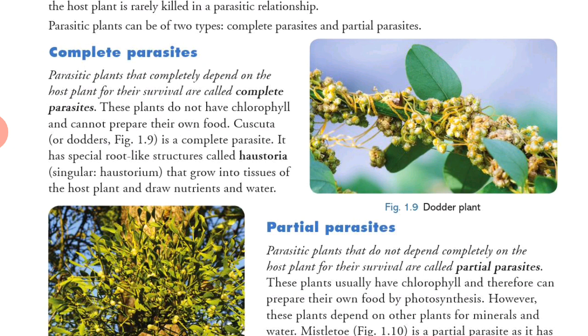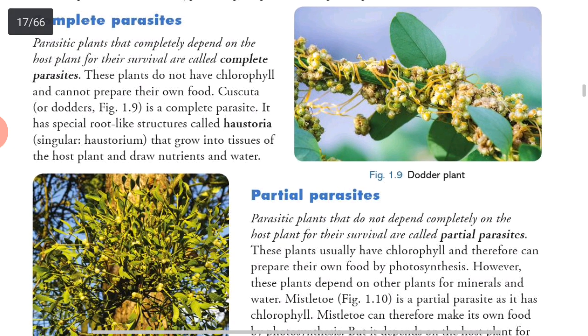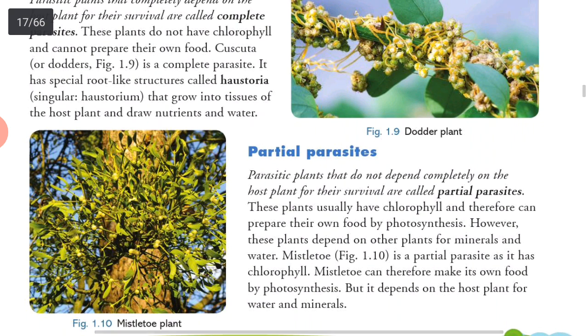And now partial parasite. Parasitic plants that do not depend completely on host plants for their survival are called partial parasites. These plants usually have chlorophyll and therefore can prepare their own food by photosynthesis.